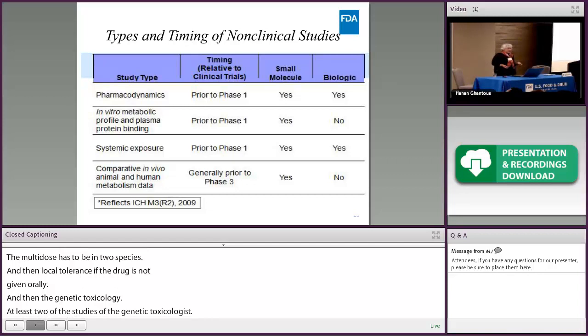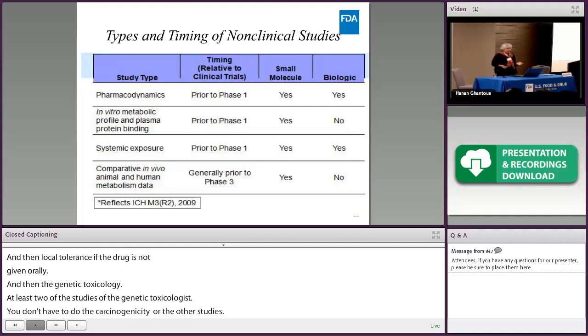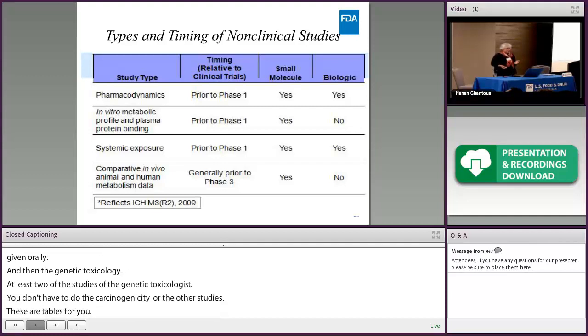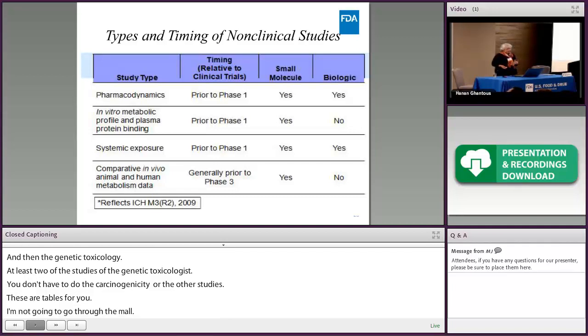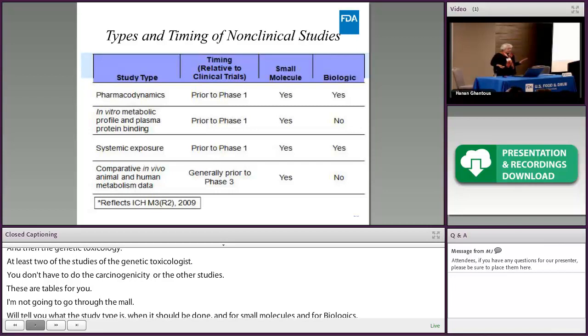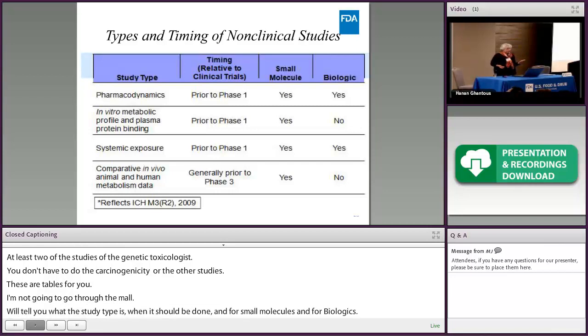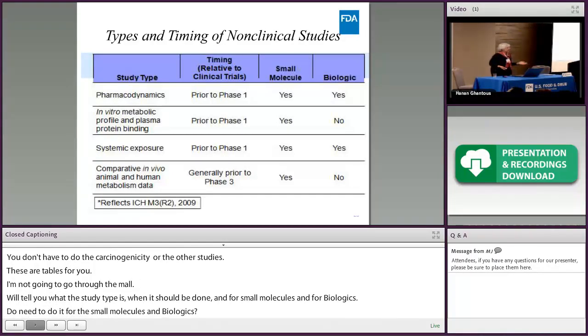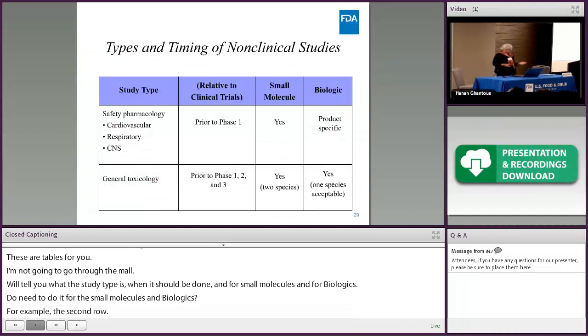These are tables for you. I'm not going to go through them all. They tell you what the study type is, when it should be done, and whether you need to do it for small molecules and for biologics. For example, the second row, in vitro metabolic profile. Yeah, you need to do it early on for a small molecule, but you don't need to do it for a biologic because, like I said, they degrade and they go out.